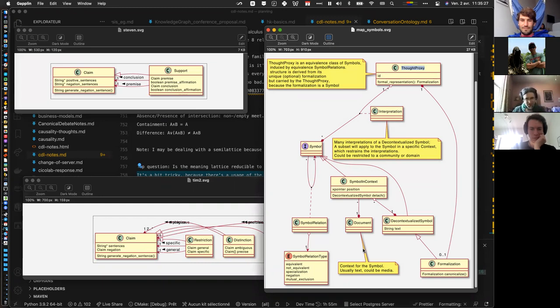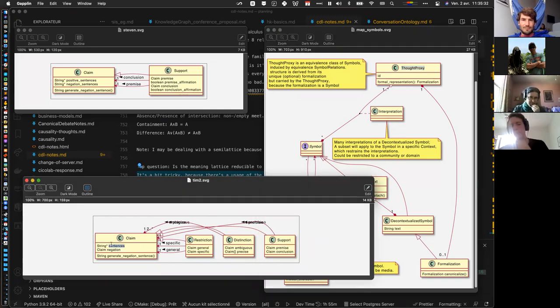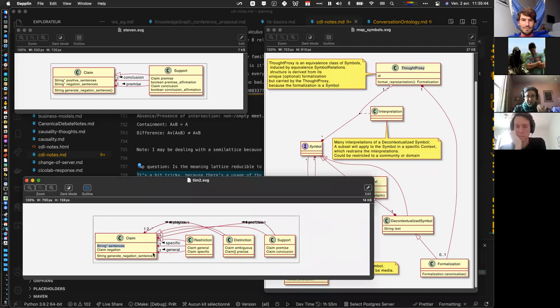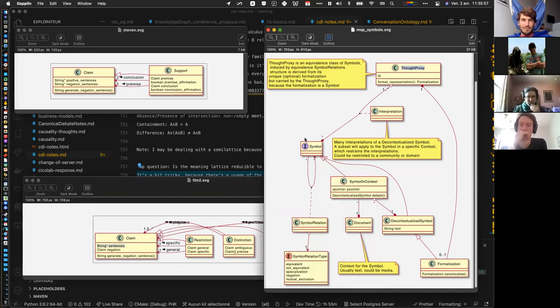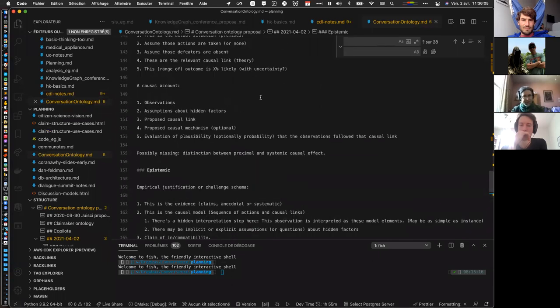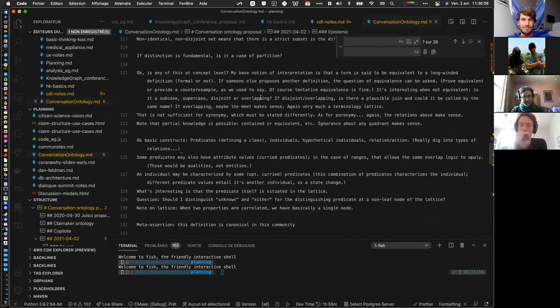So take synonymy apart, which can be materialized as a symbol relation or just materialized in the structure of the claim as here or as here, but take every other relation and make it happen at claim level, which means whenever there's a disambiguation link, we have to traverse it. And I guess my next step is to have a class diagram form of the disambiguation, the symbol relation disambiguation. And the symbol relation disambiguation is now in a way a bit richer. Do I still have it? No, damn it.